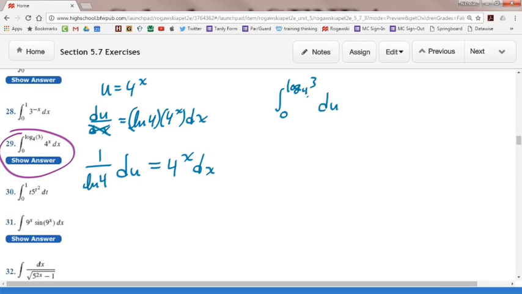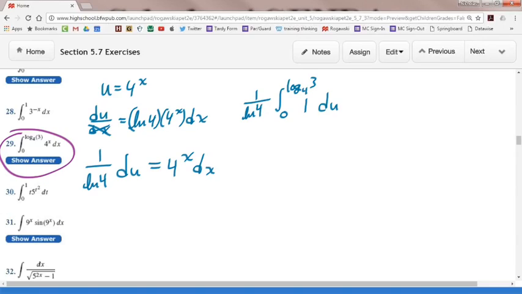I could put that right here, but because that doesn't have a variable inside of it, it's like a scalar. So I'm going to take it out of the integral to keep this looking simple. I'm going to put 1 over natural log of 4 out in front. And then right here I'm going to put a 1, because we're going to take the antiderivative of 1.